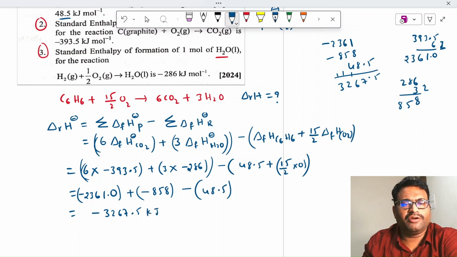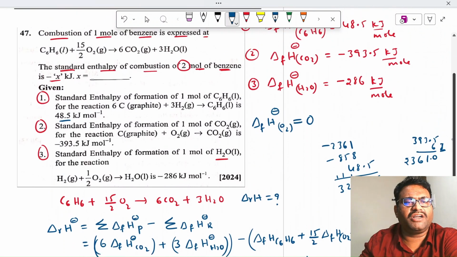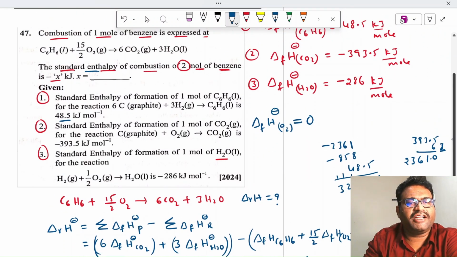So per how many moles did we get? Per 1 mole. But the question asked is the standard enthalpy of combustion for 2 moles.